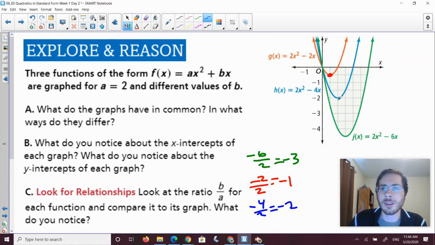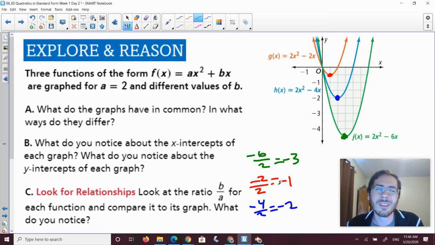The vertex of the next one, the x-coordinate's at 2. The green one, the vertex x-coordinate's at 3. So even though we get different signs, which throws things off a little bit, we still get the different x-coordinates of the vertex.